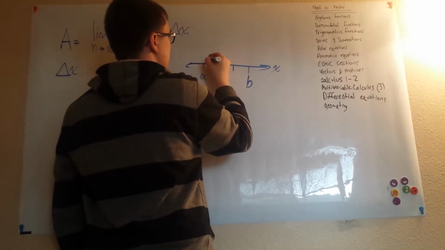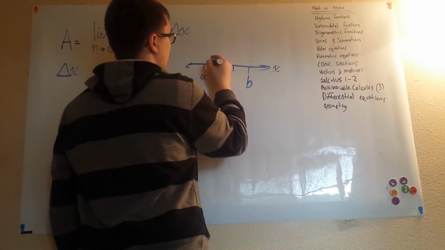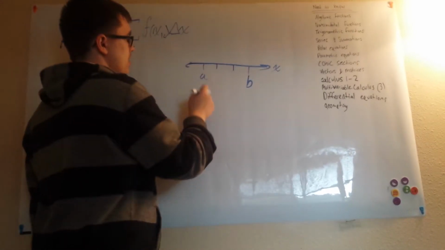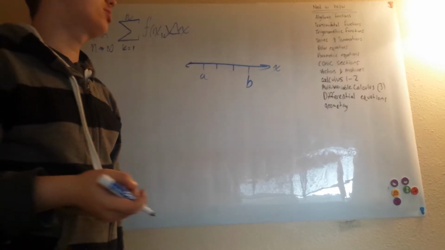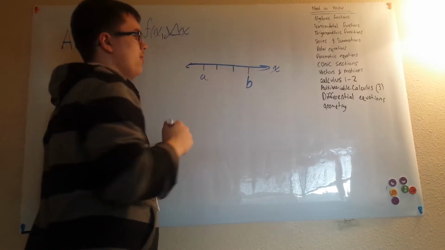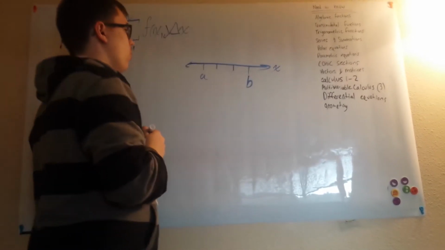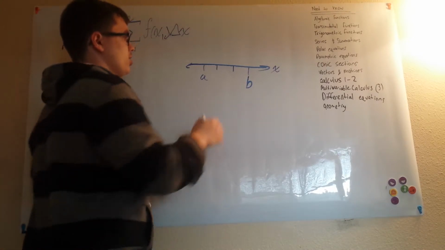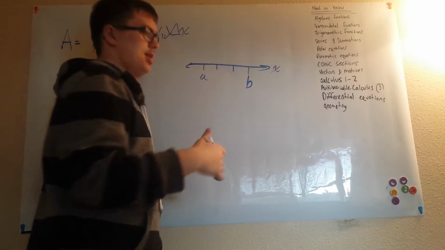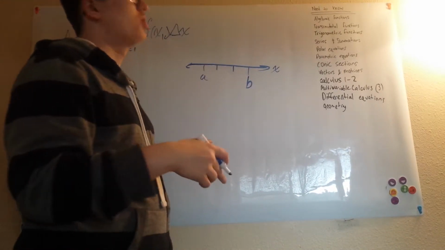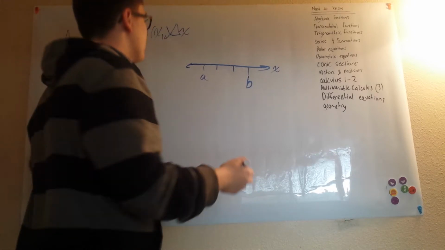Well, let's pretend I had three rectangles, right? And this started at a, and the other one started at b. What is the width of each side? Well, aren't we dividing the entire thing into equal sections? How many sections are we dividing it into? The number of rectangles, right?